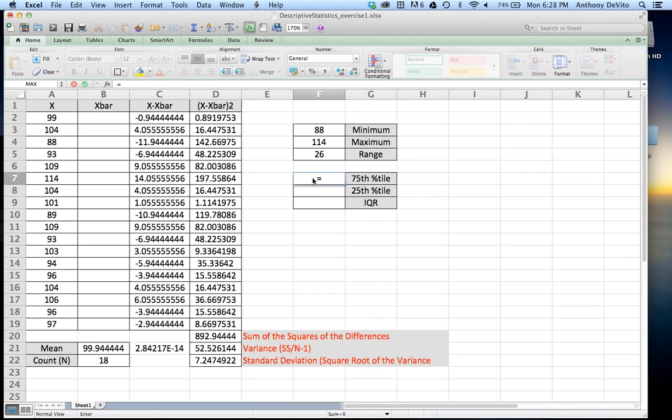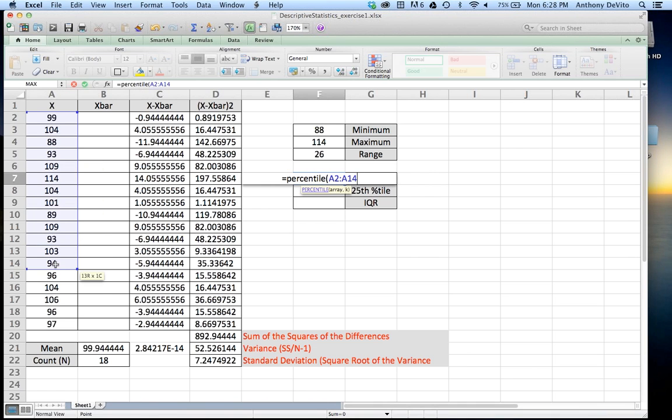So 75th percentile is a function called percentile. Percentile, parentheses, and it asks me for the array and k. The array is the list of numbers. Oops, I messed up there. No, just percentile parentheses is good enough. For our purposes, that's good enough.